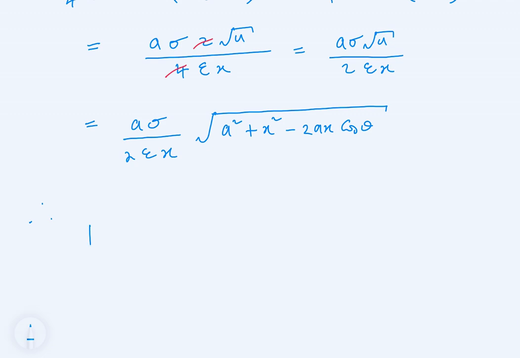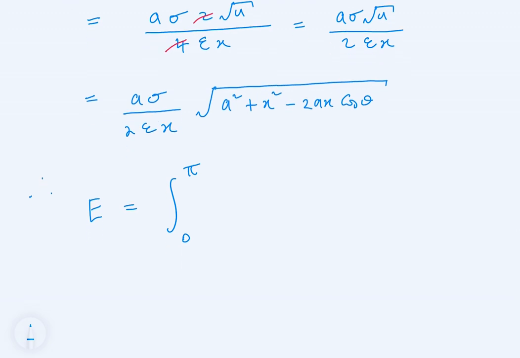We can say e is then equal to the integral from 0 to pi of a squared multiplied by sigma multiplied by sine theta divided by 2 multiplied by epsilon multiplied by the square root of a squared, not minus, please, it's plus x squared.